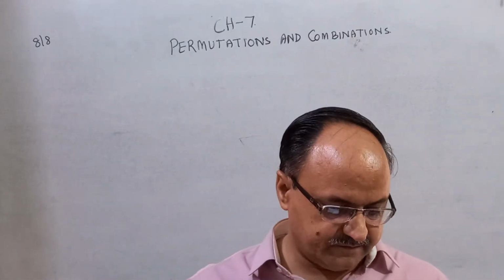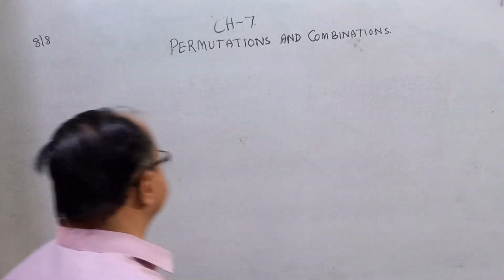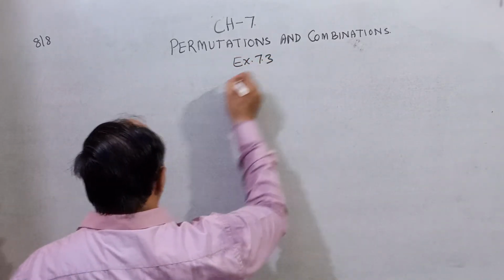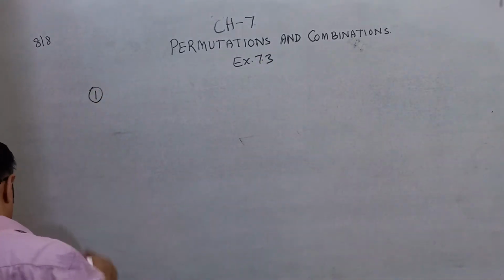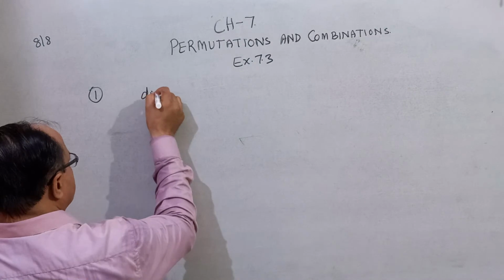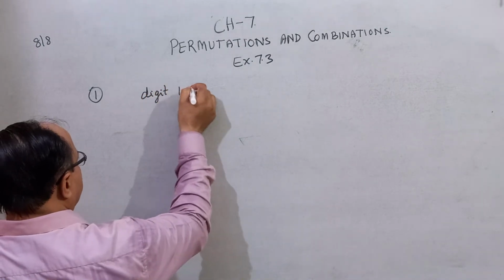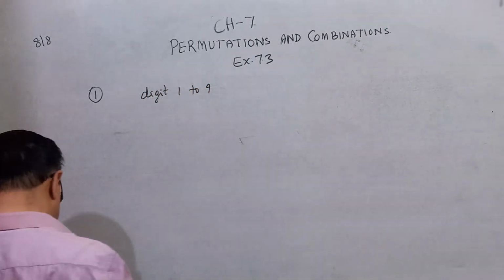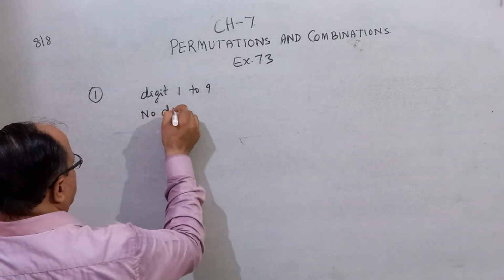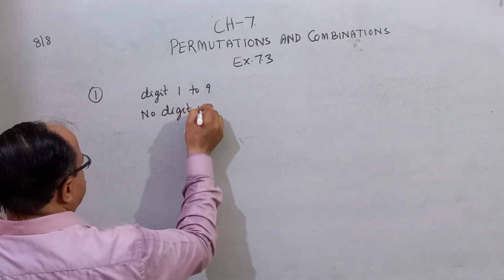Exercise 7.3, first question. How many 3-digit numbers can be formed? You can use digits 1 to 9. No digit is repeated.